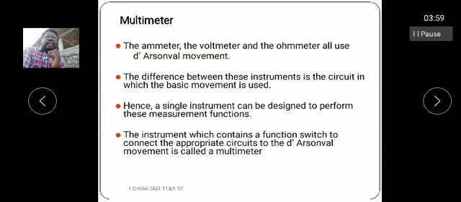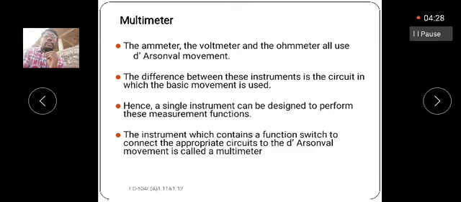Hence, a single instrument can be designed to perform these measurement functions. The instrument which contains a function switch to connect the appropriate circuits to the D'Arsonval movement is called the multimeter. With it we measure the current, the voltage and the resistance, that means multiple parameters.